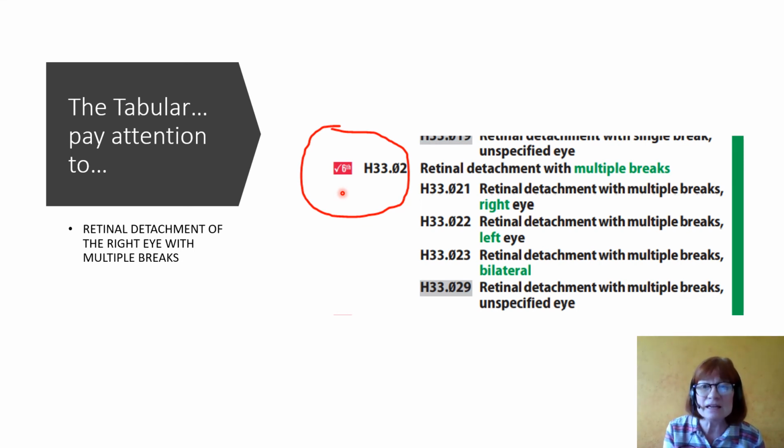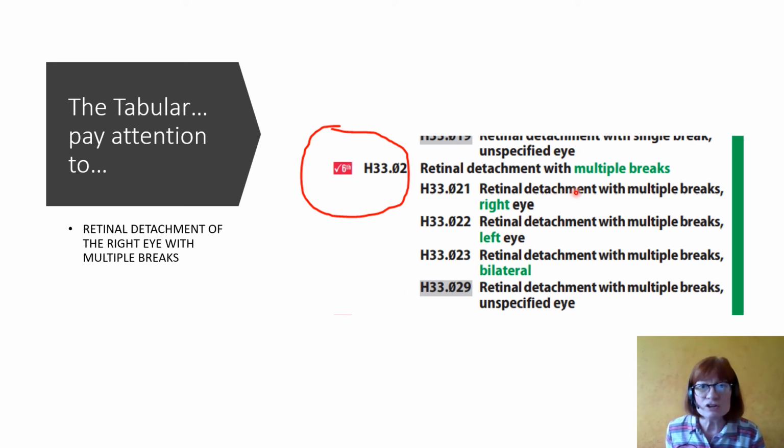That is telling us the exact number of characters we need to have this code complete. If you put H33.02 on your claim form, it's getting rejected and coming back. But the codes with the additional characters are indented right below. This whole book uses that indentation format.